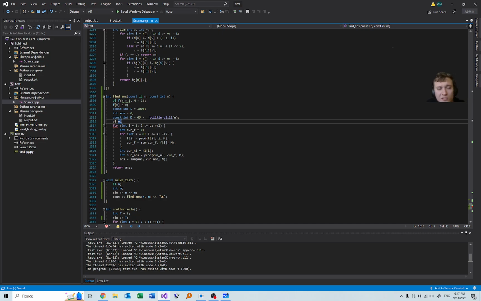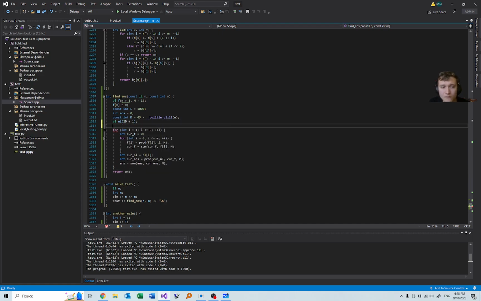Maximum number of vertices is, I guess, 2D plus 1.